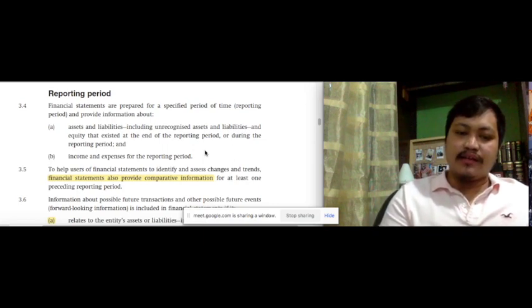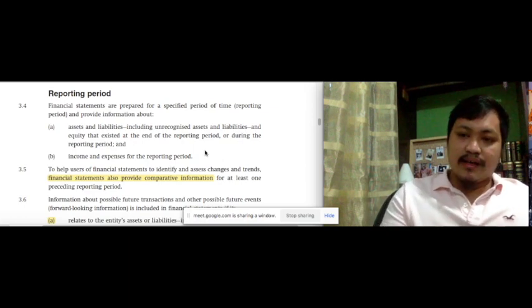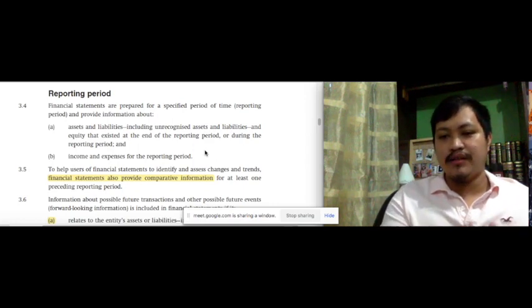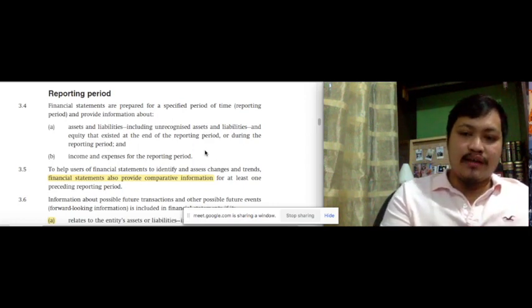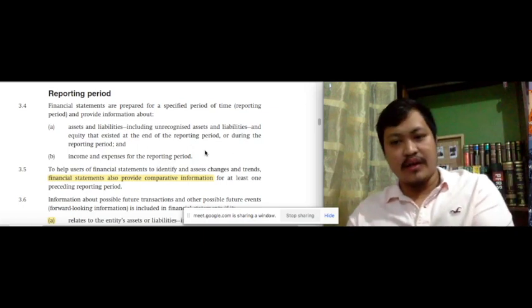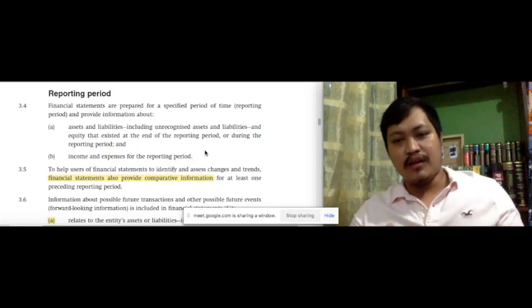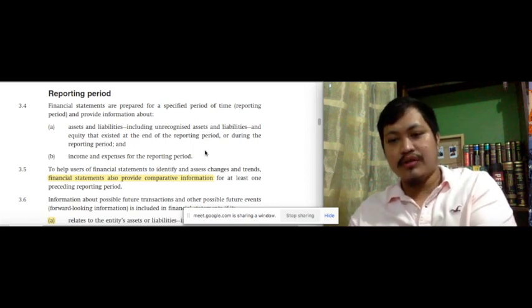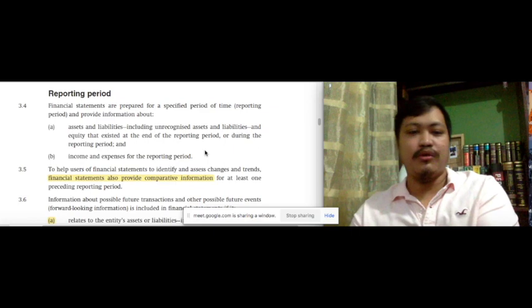This basically tells us that the reporting entity is separate from all the other persons or entities that are involved with this reporting entity. The reporting entity is not the same as the owners of the company. The reporting entity is separate from the owners, the creditors, the suppliers, the customers, and so on and so forth.